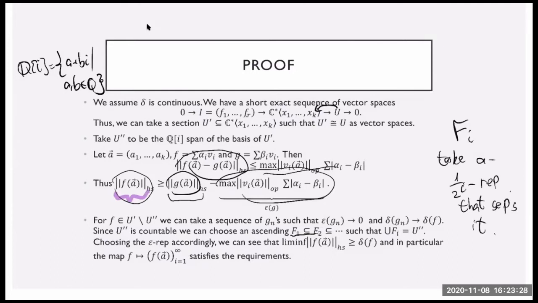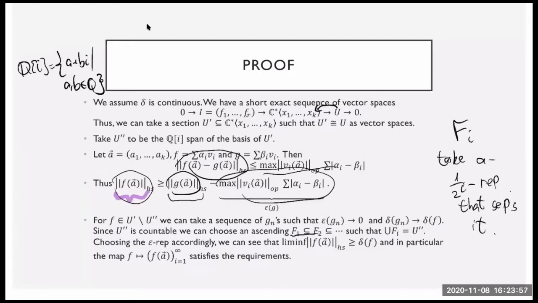Okay, so I have here now a sequence of epsilon representations such that epsilon tends to 0, and the f_i's get larger and larger and they separate more and more elements out of the vector space U double prime. And the point is that even if you are not in U double prime, if you are only in U prime, you are still separated using this sequence of epsilon representations.